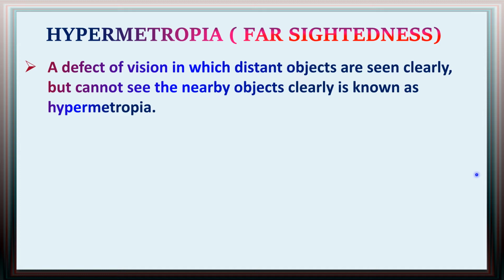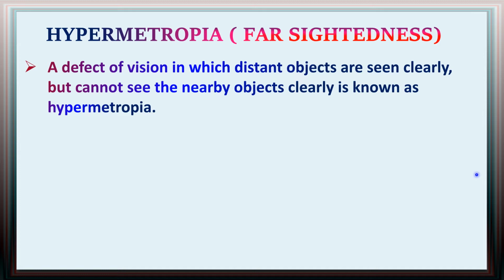So for a normal eye, we know that the far point, that is the point of maximum distance at which objects are seen clearly, is almost infinity. That means a normal eye can see objects even at infinity.